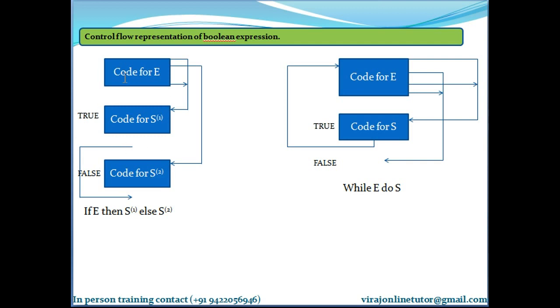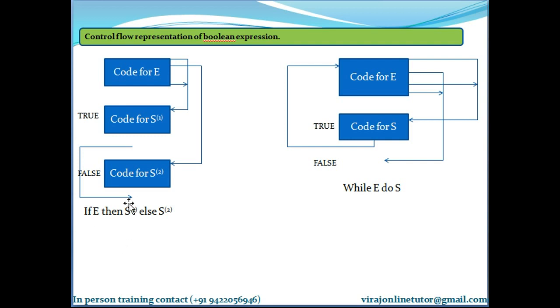After you execute the success condition S1, I have to skip S2. Correct? Because when E is success, I execute only S1, and that's why I have to move out by skipping S2.